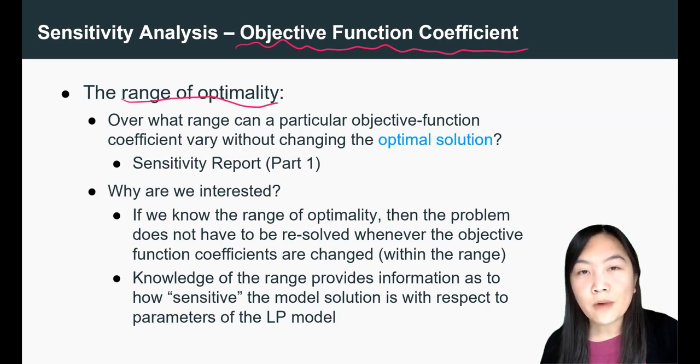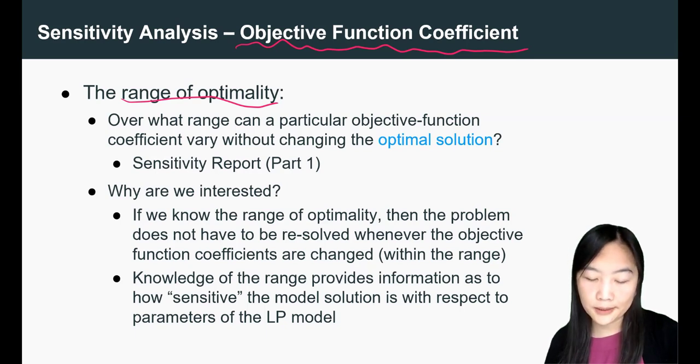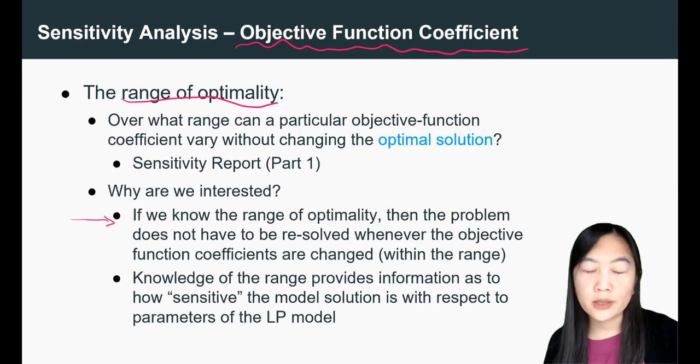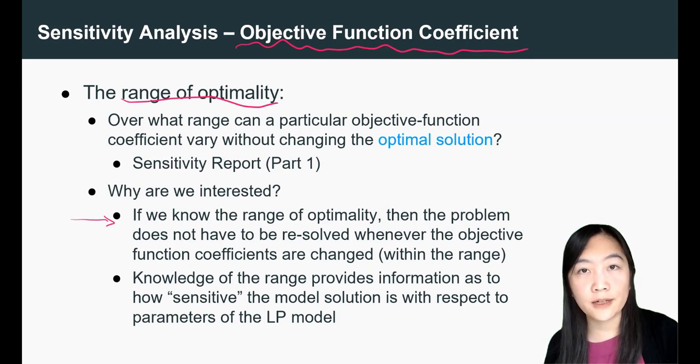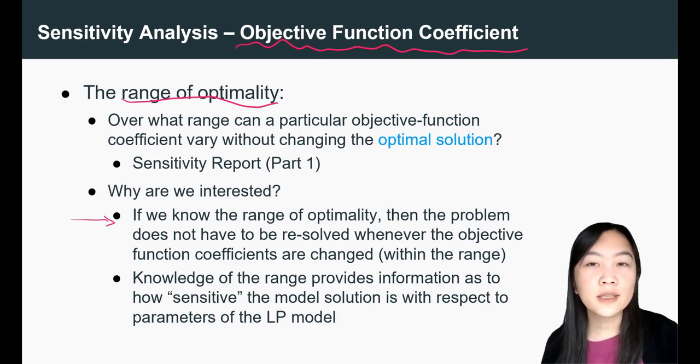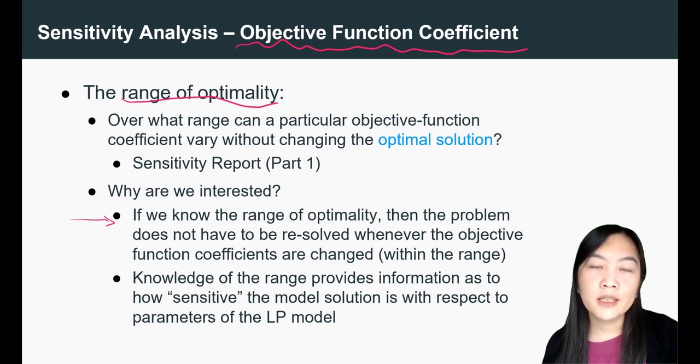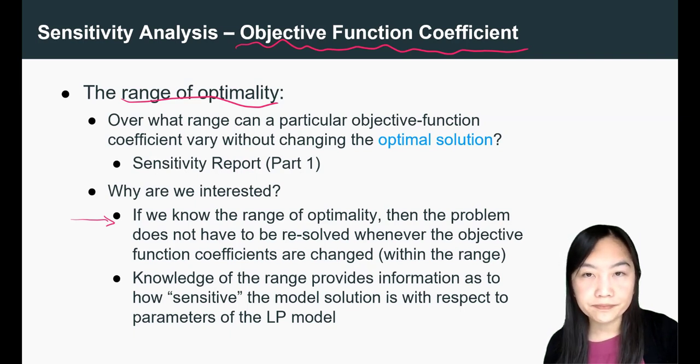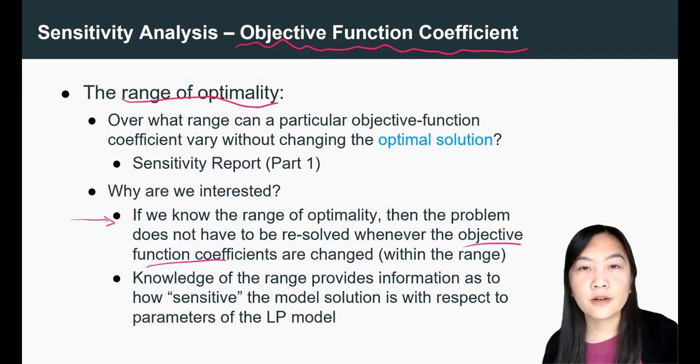So why are we even interested? I actually mentioned this a little bit, and let me make it more explicit here. If you know the range of optimality, and you want to change some of the objective function coefficients, for example the price of corn or the price of soybean or beef, then you don't need to resolve the problem when you change those coefficients.